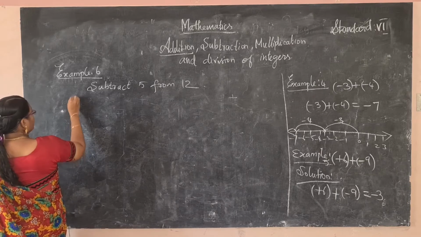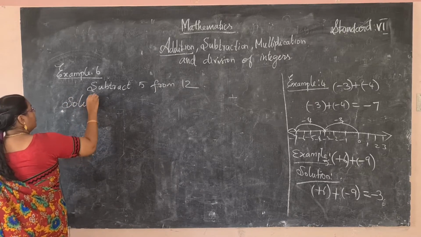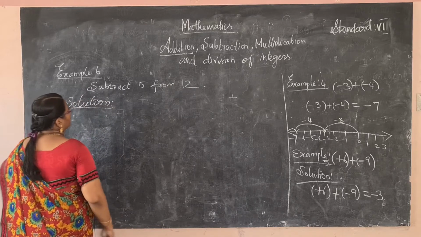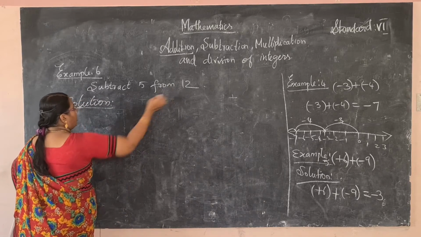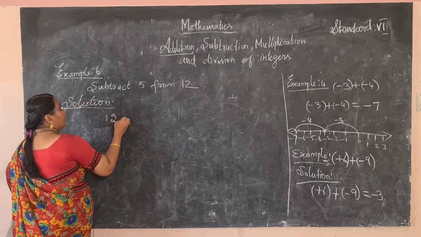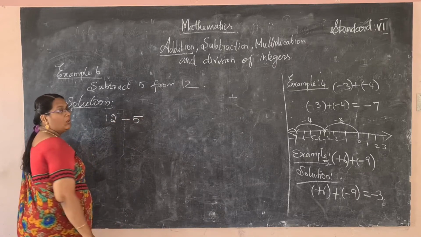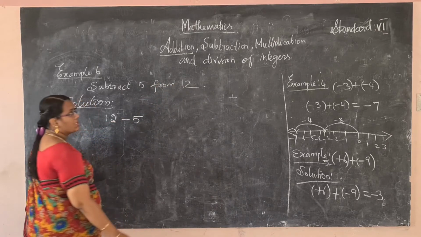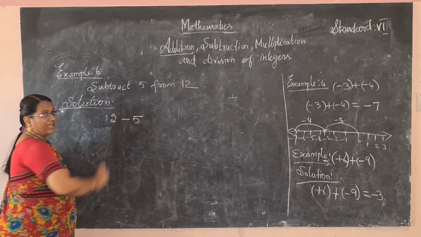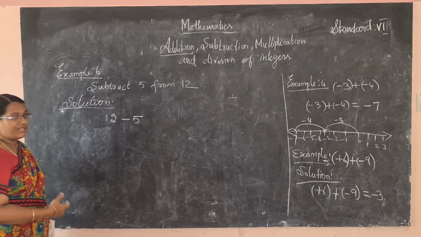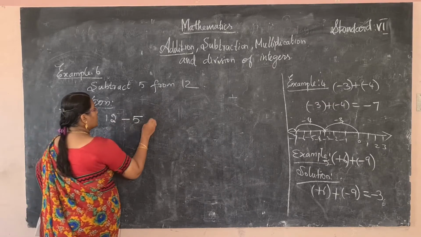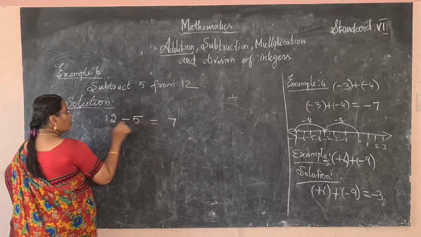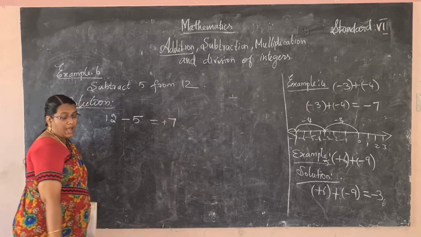Okay, solution. From 12, so 12 minus 5. Here two numbers are positive and the operation is negative. Subtraction means difference. So 12 minus 5, what do we get? 7. The greater number sign is positive, so plus 7 is the answer.